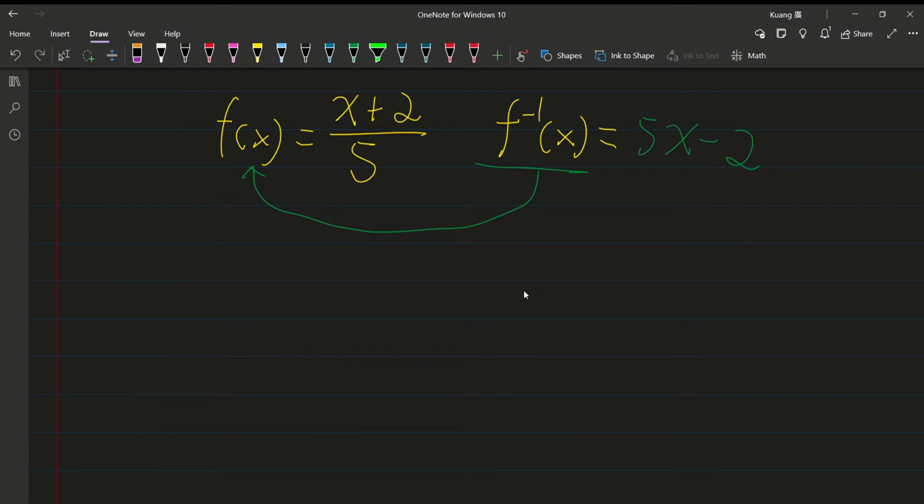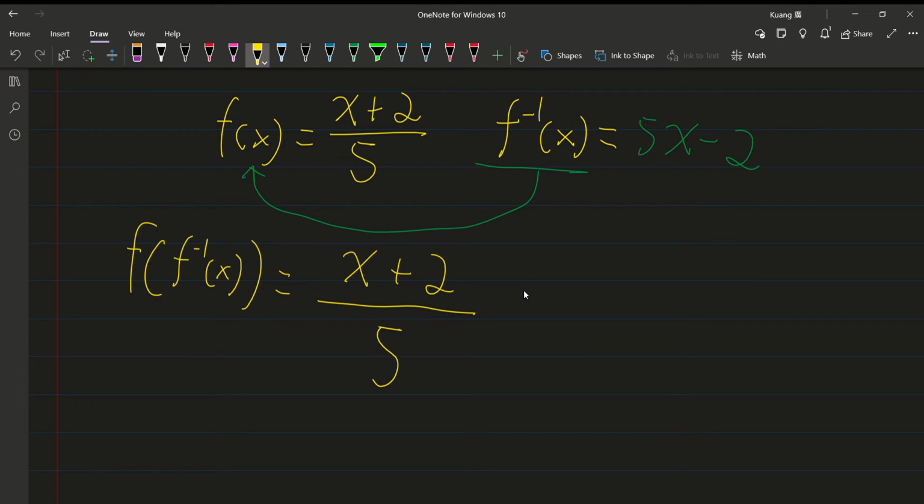If it equals x, then this is a correct inverse function. So how can I do that? The original function is x plus 2 over 5. However, I use the inverse function to replace x, so you put the inverse function here.